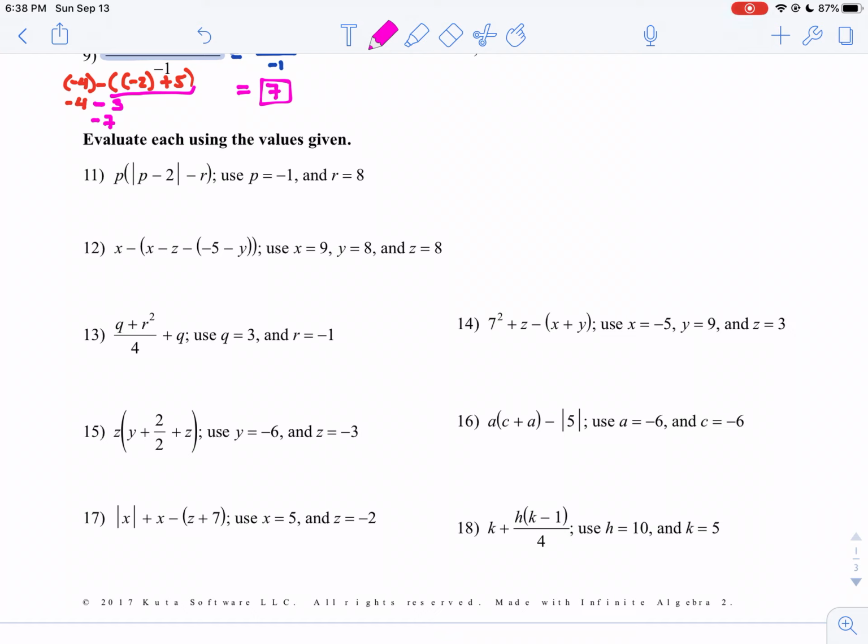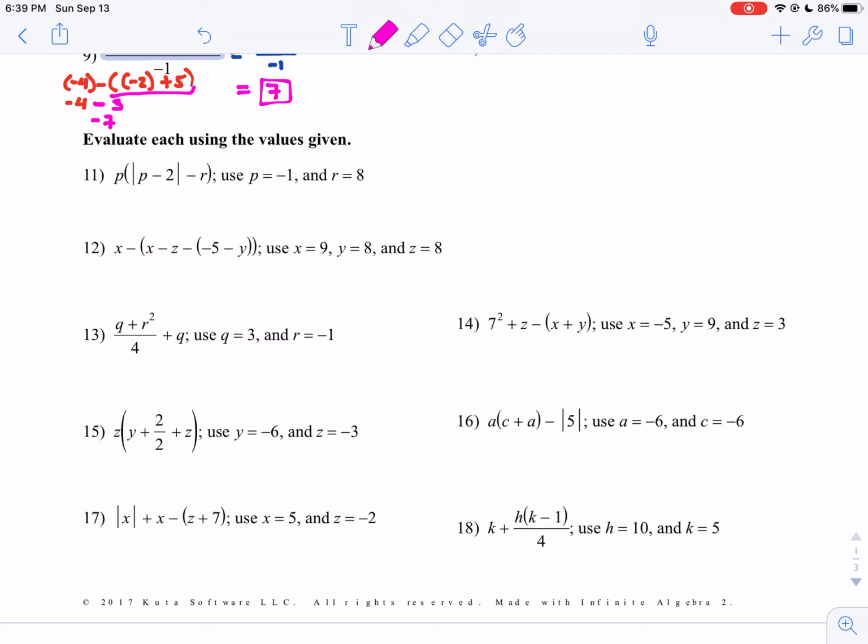So you have to do substitution first, and then you do the order of operations. This is more difficult than the first set, because this is what you'll be doing a lot in geometry. You'll be using algebra, and we will give you different values, and you need to do substitution, especially when you work with formulas. So this is in preparation for working with formulas.